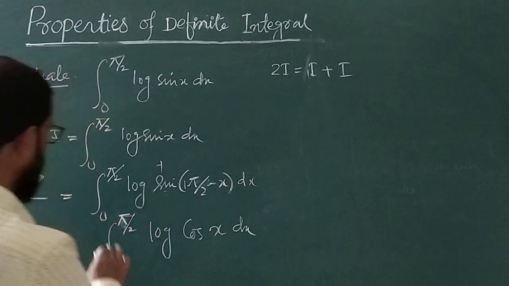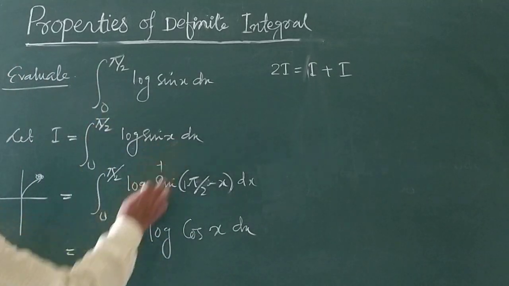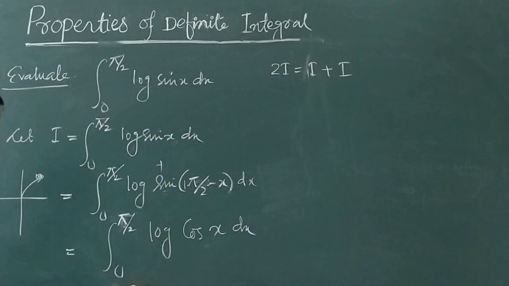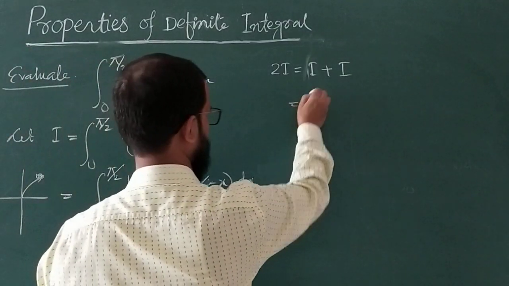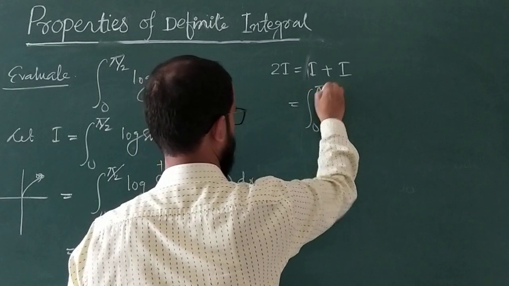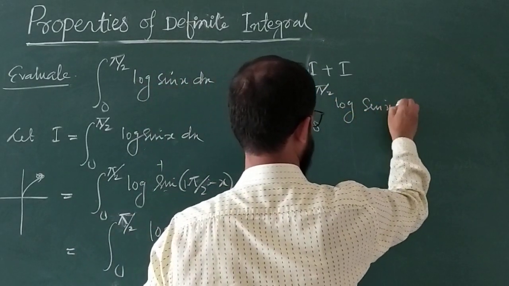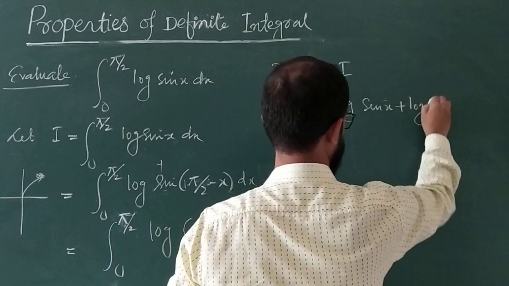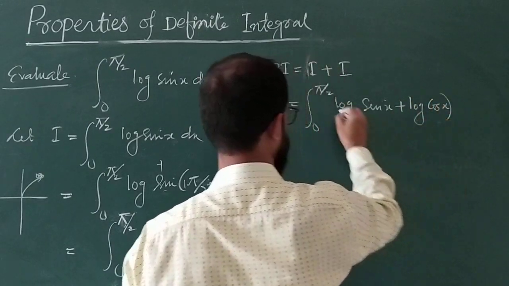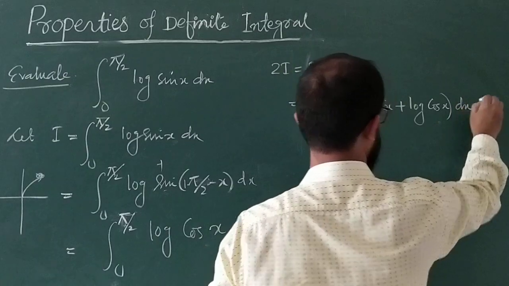In both the limits are the same, 0 to pi by 2, log sin x and log cos x, so you can take the integral common: 0 to pi by 2 of log sin x plus log cos x into dx.